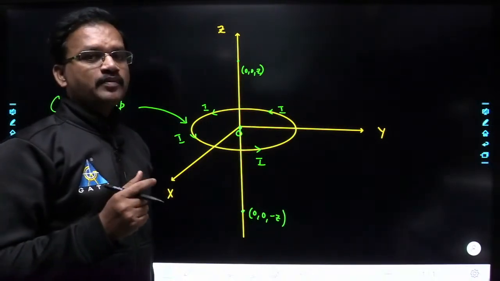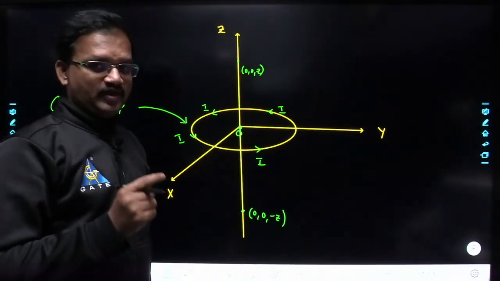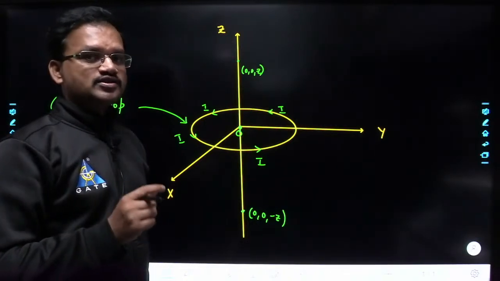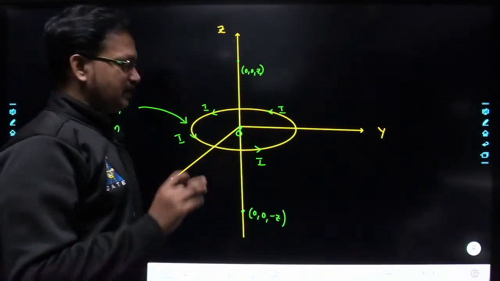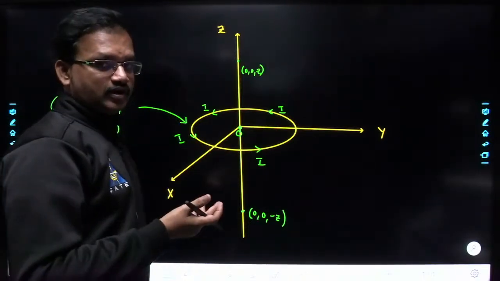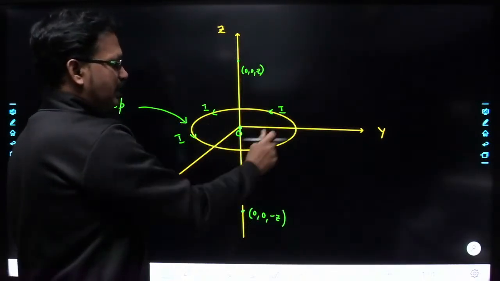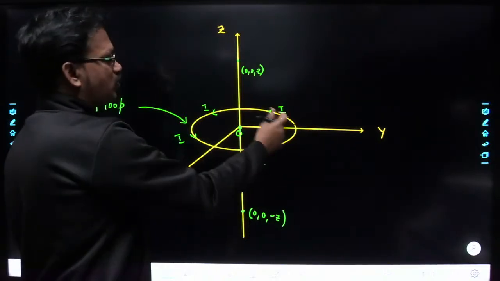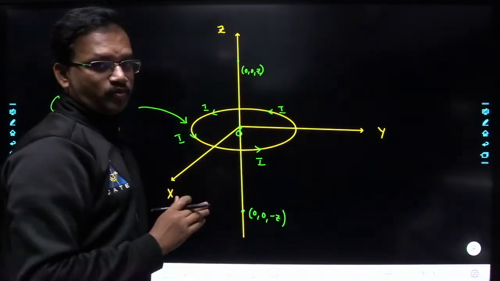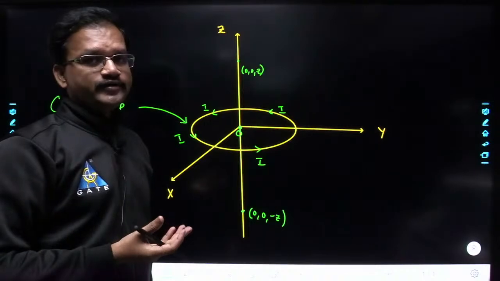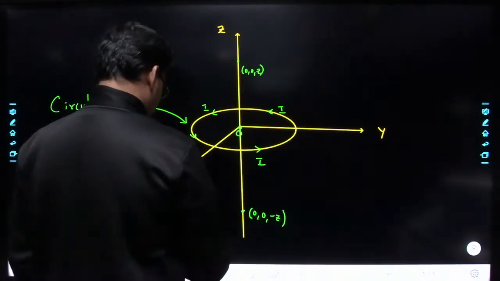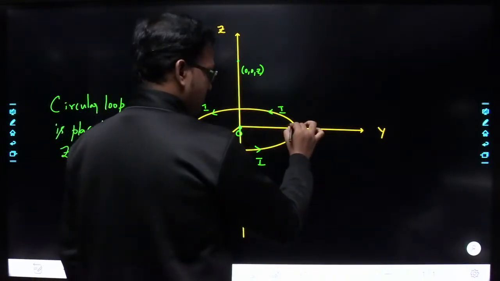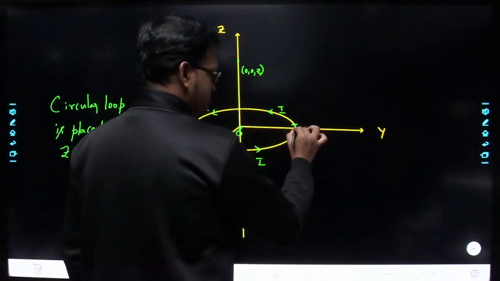We determine the small differential B field due to this small differential current element. Then, if you want the total B field due to the whole current carrying loop, you have to integrate throughout this circular loop in order to get the total B field.